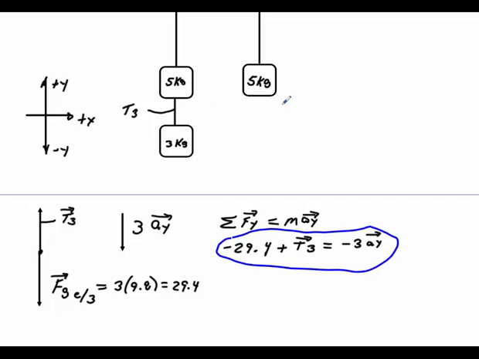Now I'll jump up to here, where I have some open space, and draw it right here. When I do the 5, let me get a vector, sorry. This will be my T3. I also have one more vector coming down here. I've got to consider the force of gravity here.